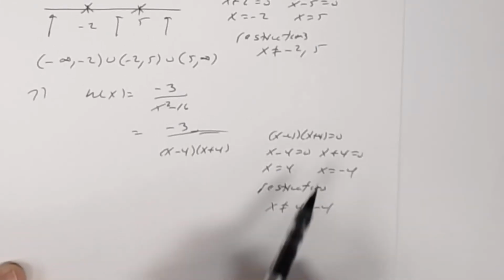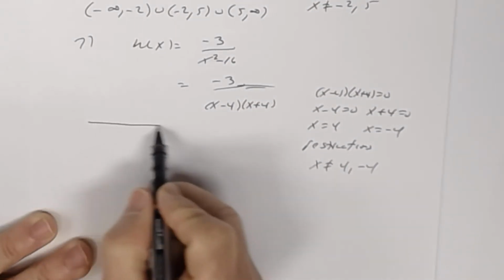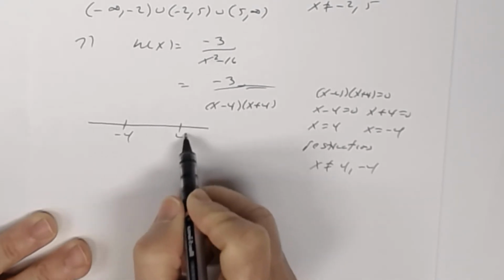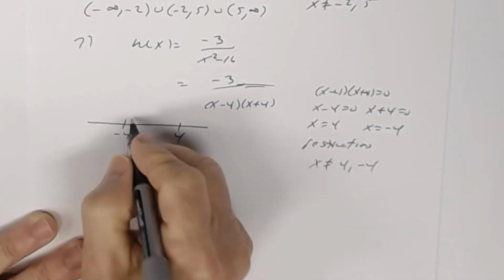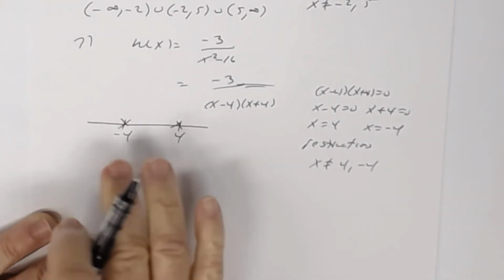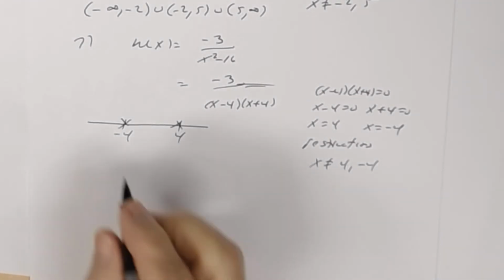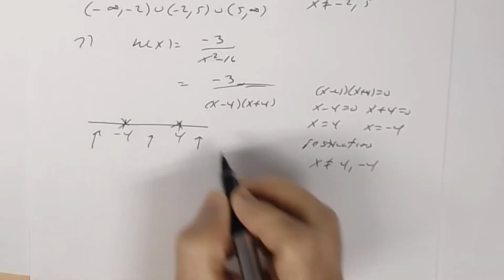Once you get your restrictions, notice there are 2 of them, just like there were 2 here. You put those on the number line, and make sure you put them in the correct order. So negative 4 goes first, positive 4 goes second. So negative 4 is less than 4. Cross them out, because if you didn't have them in the right order, then your domain will be incorrect. Notice now that, again, there are 3 intervals in my domain.